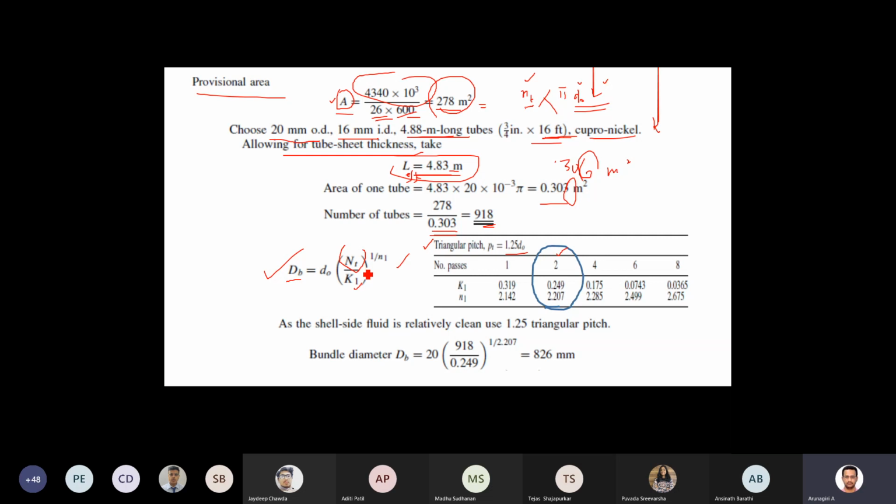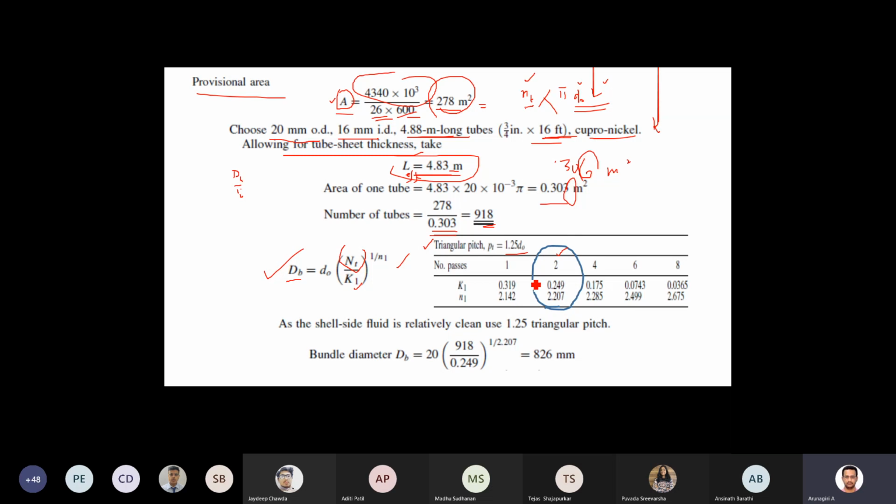Otherwise, you can use the tube count table.